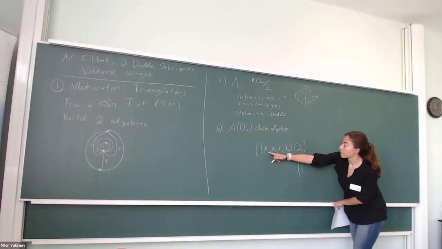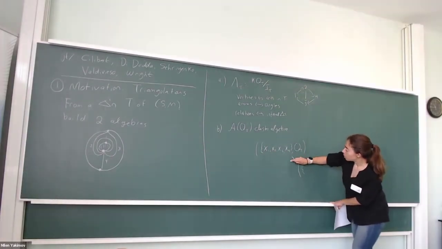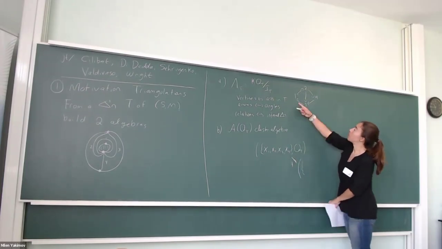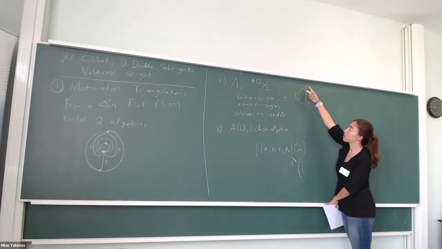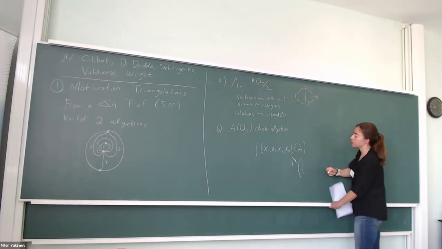So, for example, how could I replace x1? I draw a line labeled 1. I see 3 pointing into 1 and 1 pointing out to 2, and there's nothing else going on near 1.